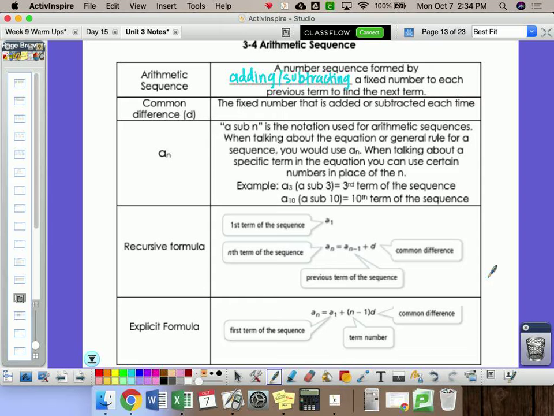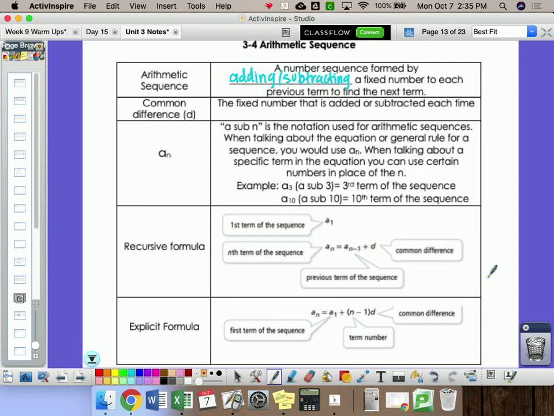So you're doing the same pattern every single time. You're either adding or you're subtracting the same number. And whatever that number is that you're adding or subtracting each time is called the common difference.